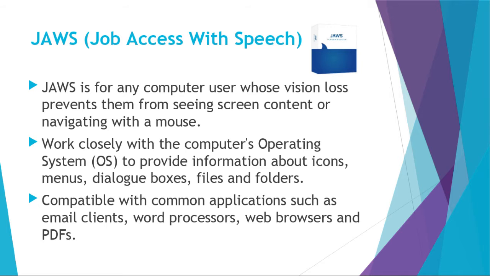They can access and navigate through their operating system, such as files and folders. They can create documents, print those documents, edit documents, check their email, and web browse. So it's a very vital program for someone that has vision loss. If you really think about it, a screen reader is necessary for someone that has total loss of vision.